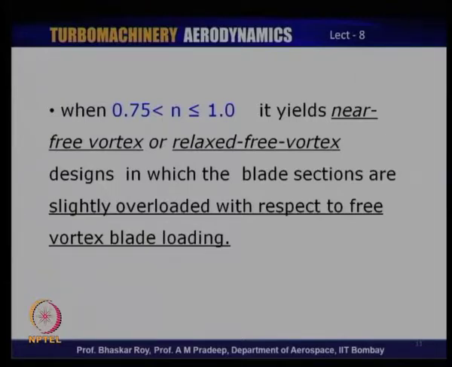Now, free vortex blade loading provides a certain amount of blade loading characteristic to the rotor and the stator blades. This relaxed free vortex, where n is less than 1, overloads the blade very slightly, so that it is not threatened with separation or stall within the limits of the diffusion factor, which we have discussed earlier.